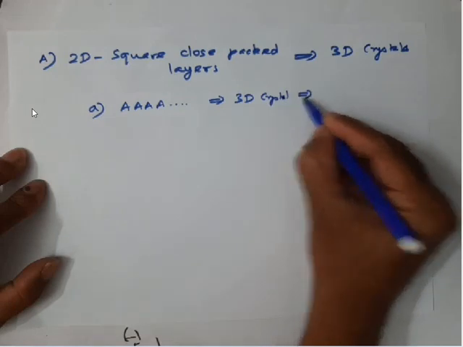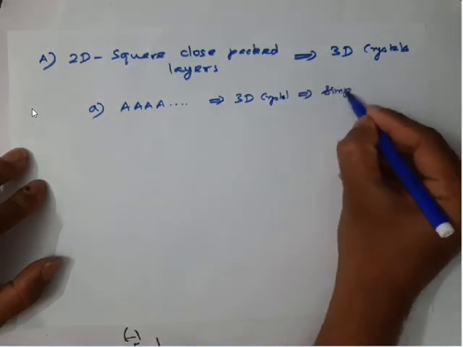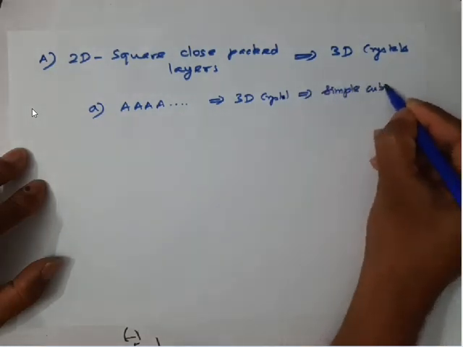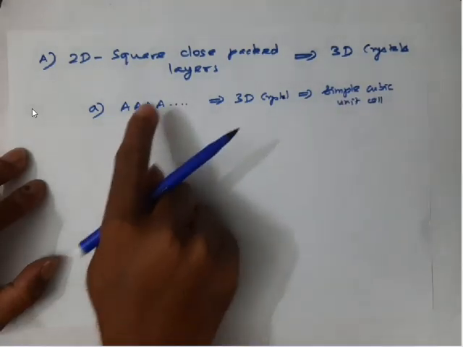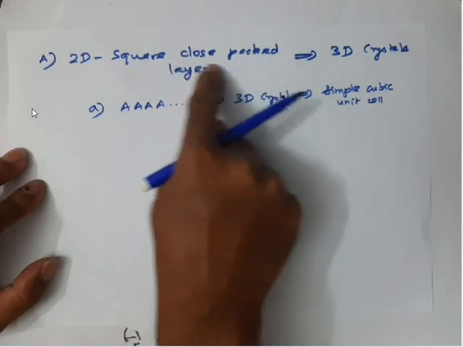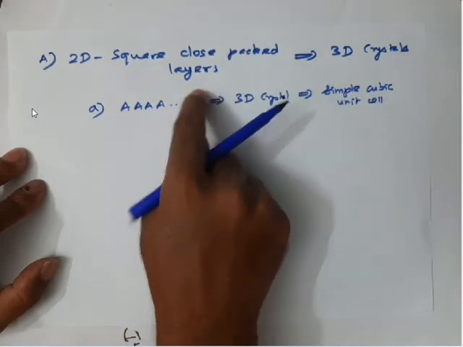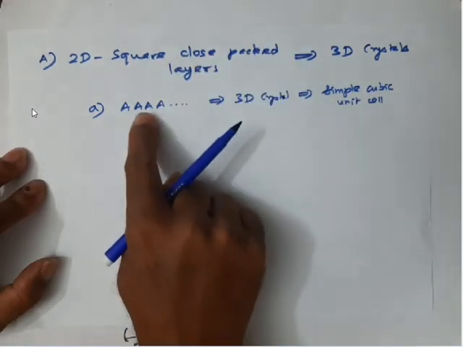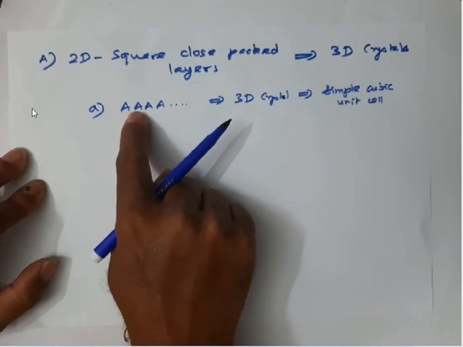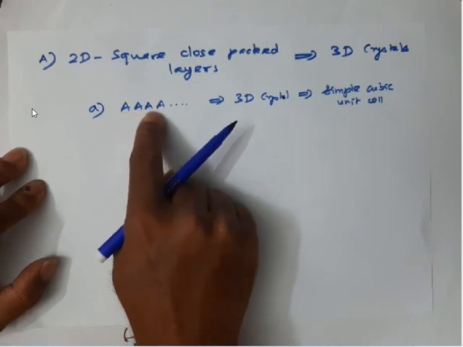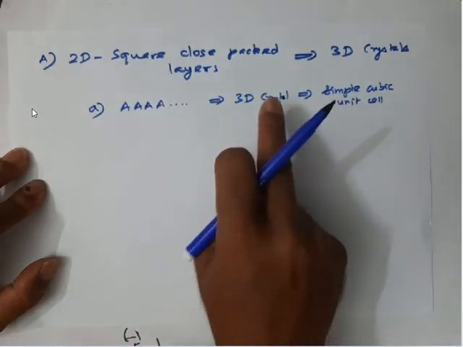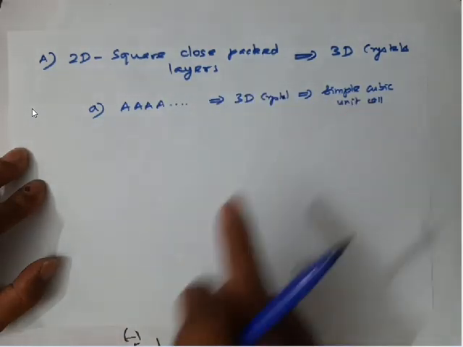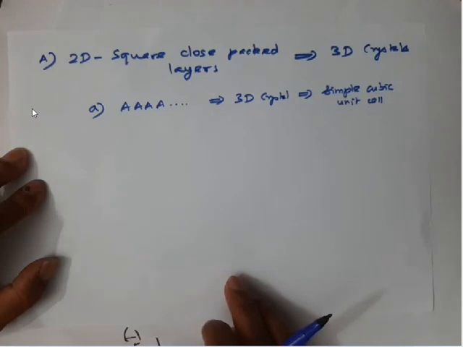That 3D crystal consists of a simple cubic unit cell. I have told you, if you arrange these square close packed layers one over another in such a manner that one layer's atoms eclipse the other layer's atoms, you will get a three-dimensional crystal that consists of a simple cubic unit cell.